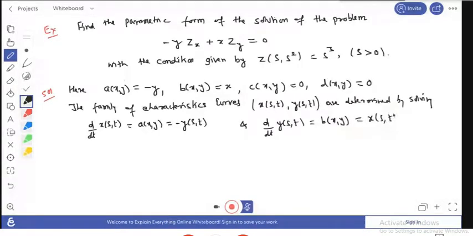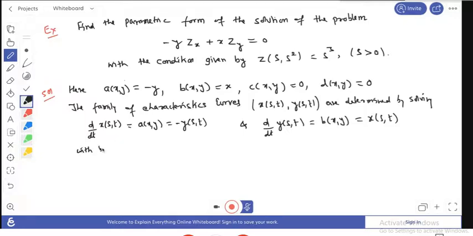So here you have to solve these two ordinary differential equations, and then you find that the general solution contains an arbitrary constant, and by using the initial condition we have to eliminate that arbitrary constant.